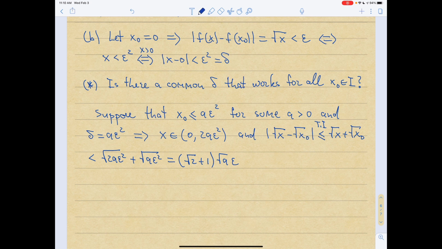And the goal, of course, is to make this less than epsilon. And how can I make this less than epsilon?